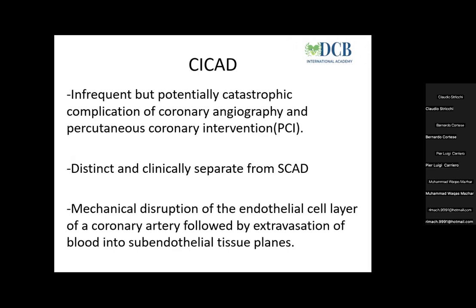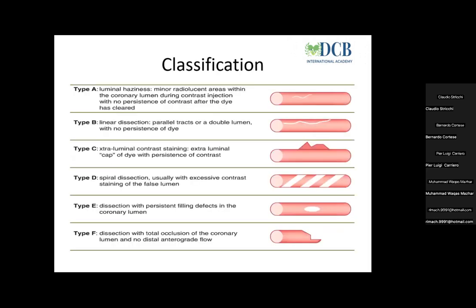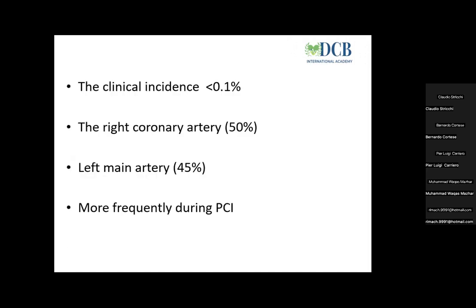This is a mechanical disruption of the endothelial cell layer of a coronary artery followed by extravasation of blood into subendothelial tissue planes. The classification goes from type A to type F, the clinical incidence is less than 0.1%, most probably in the right coronary artery in 50% of the cases, 45% in the left main artery, and more frequently during PCI because of the guiding catheter that can be used during intervention.